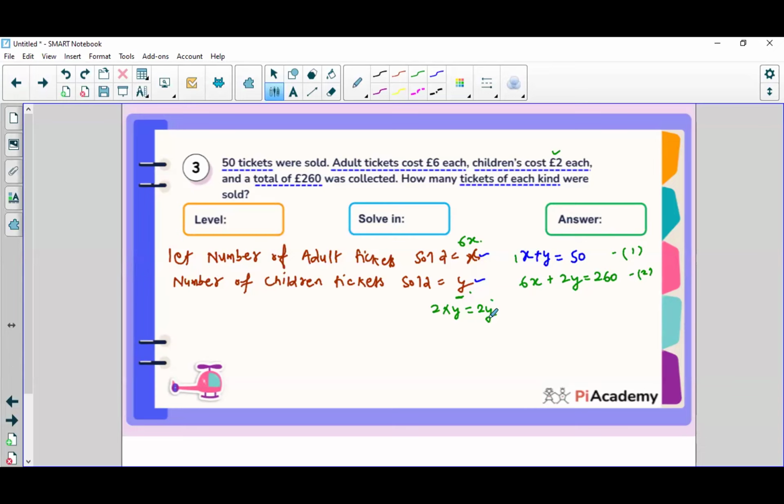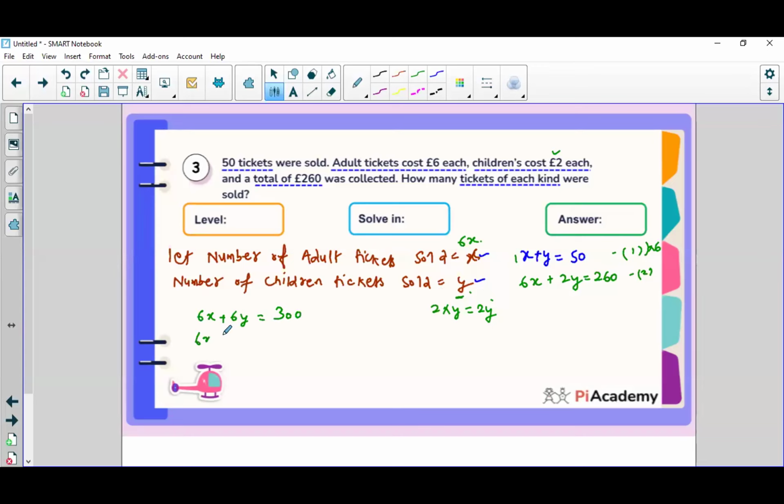So first of all, I have to make both coefficients equal. To do that, I have to multiply equation number 1 by 6. So it will become 6x plus 6y equals 50 times 6, which is 300.